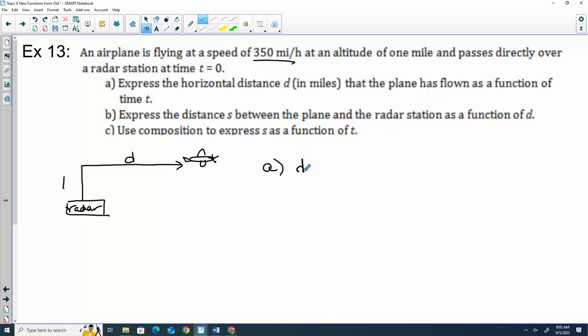So d as a function of t. So d of t. Finding a formula for this distance. So at time 0, how far was it from the radar station? 0. After 1 hour, how far would it be? 350 miles. After 2 hours, it would be 700 miles. So what's my formula?